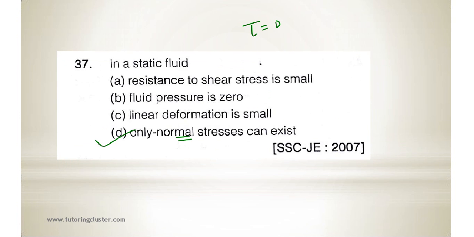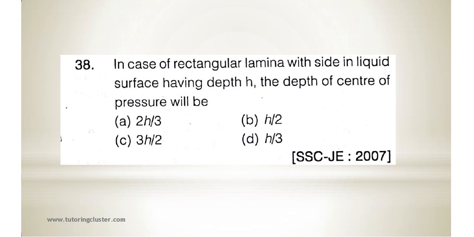Next, in case of a rectangular lamina with a side in a liquid surface having depth h, the depth of center of pressure will be. See here how to solve this. If you have a rectangular lamina, let us say this is a lamina, there will be water. Let's say this is H and this is B, height and width.